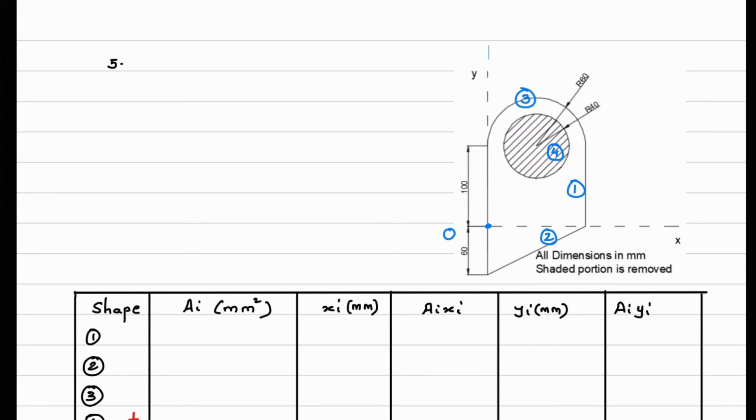This distance is 120. Now what about the centroid G1? Vertically, the total vertical height of the rectangle is 100, so half will be 50, and in x direction total is 120, so half will be 60. So we will mark G1. This will be G1.